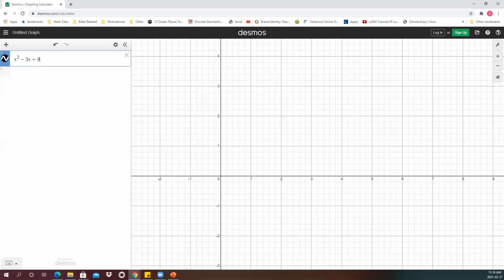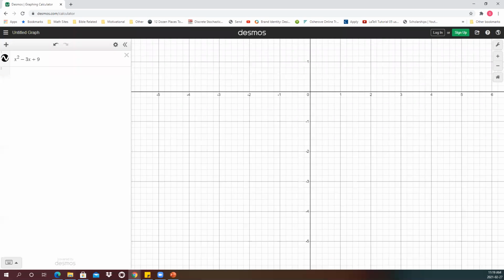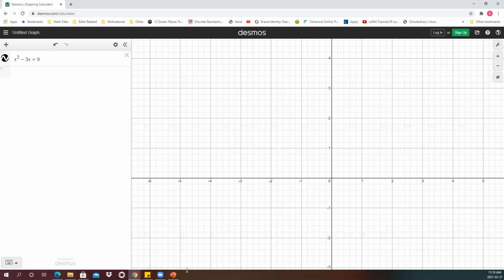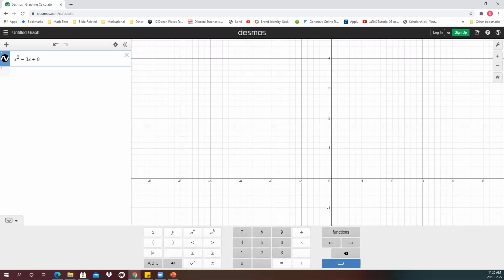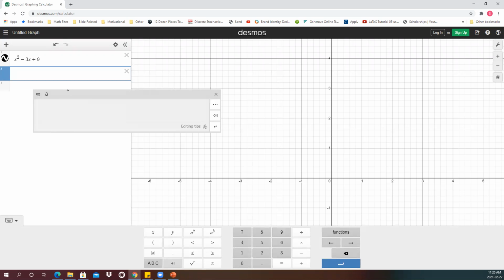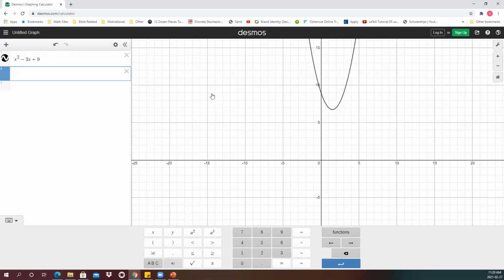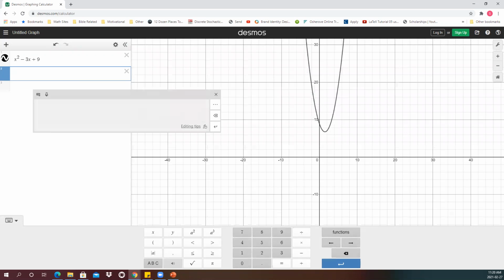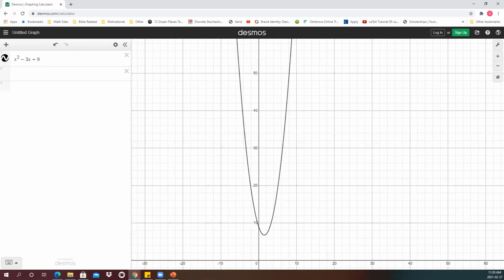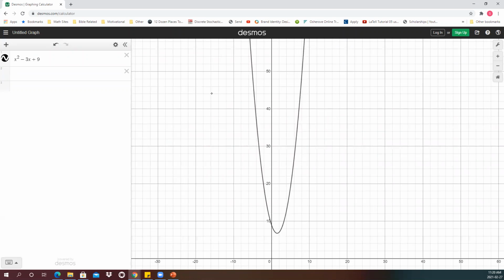Where's my graph? Why is it not coming up? x squared minus 3x plus 9. It probably has gone off of the screen. Let me see. It's not plotting. I don't know why. Oh, see there. x squared minus 3x plus 9.